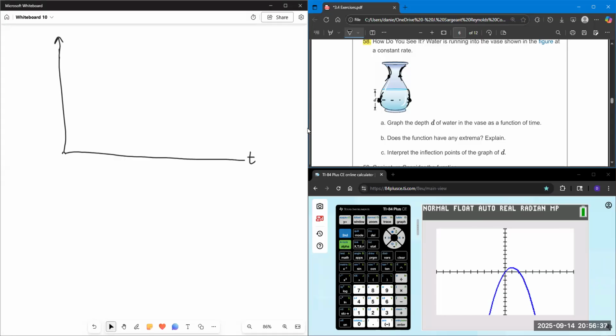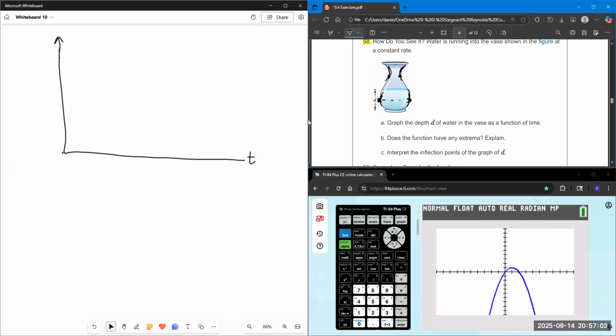So the depth of the water is increasing pretty quickly here, and it starts to slow as it has more width to fill up.